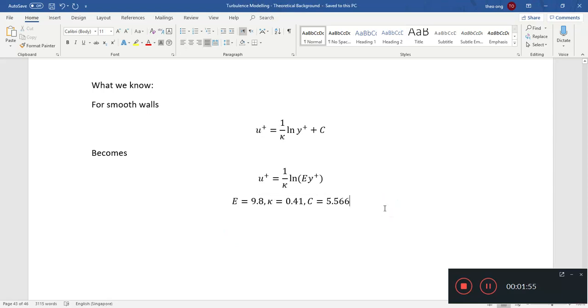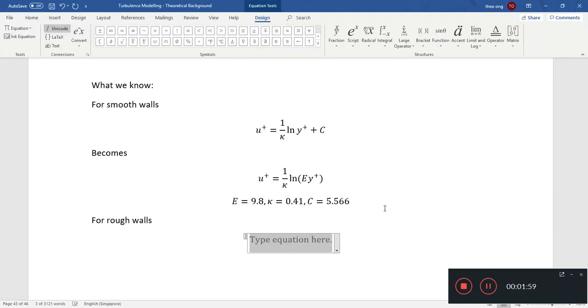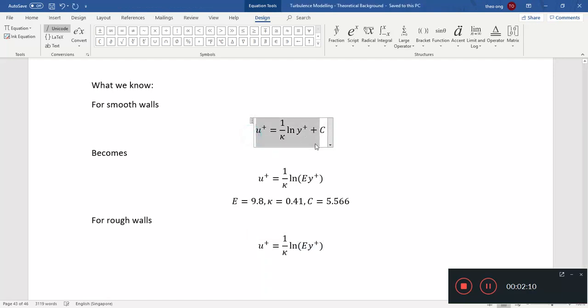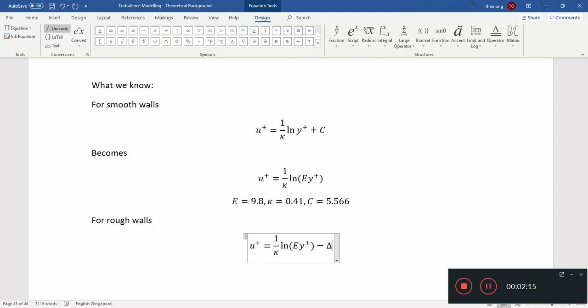Now for rough walls, u plus equals 1 over kappa ln of e y plus. These two expressions are pretty much identical mathematically. Now we have this delta u plus at the back.